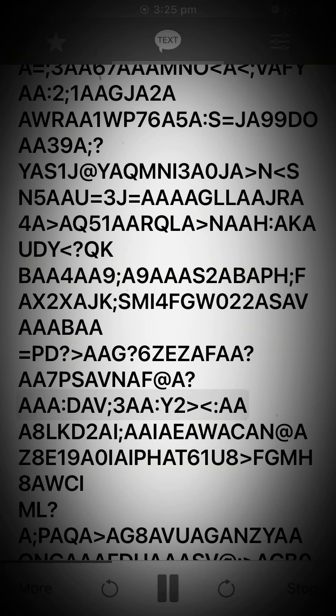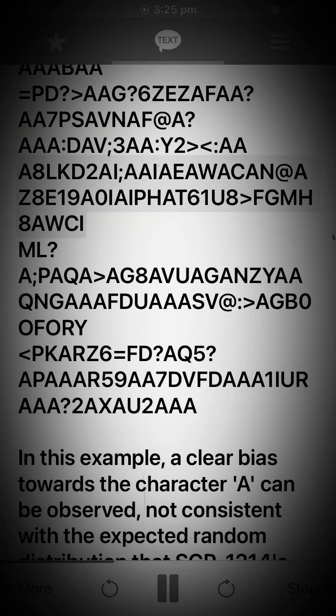AAA. DAV. 3AA. Y2. AA. A8 LKD2I. Aya Iwakanat as 8019 a 0 Iafad 61 U8. FGMH8 Orsi. ML. A. Paka. Agatavuaganziakangaf Duasvat. AGB0 Offeri. Cars 6 equals FD. AK5. APA 59 AA7 Dfdawa 1 Iura.